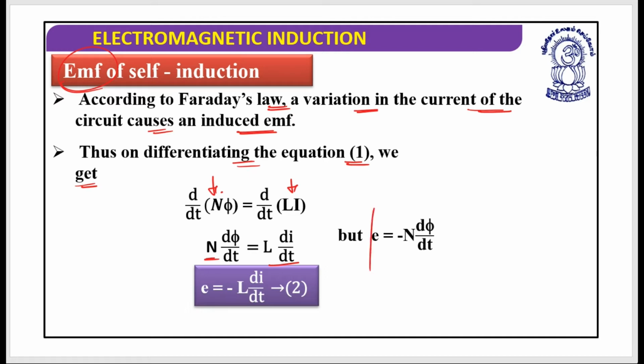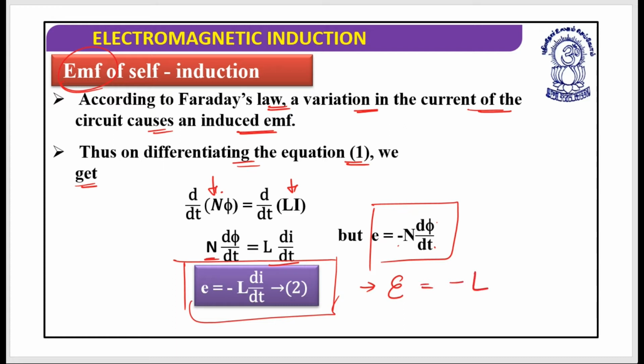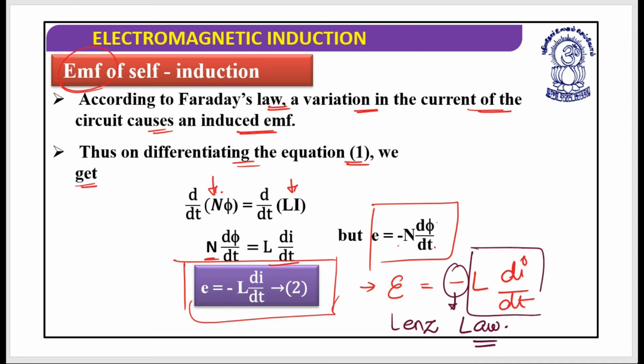But the EMF was given as E is equal to minus n into d phi by dt. So E is equal to minus L into di by dt. Please remember this EMF is minus L into di by dt, and the minus sign is according to Lenz's law, that it will oppose the cause which produces it. L di by dt is the magnitude of the EMF because it behaves as a cell. Is it clear?